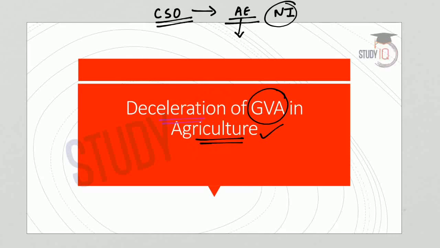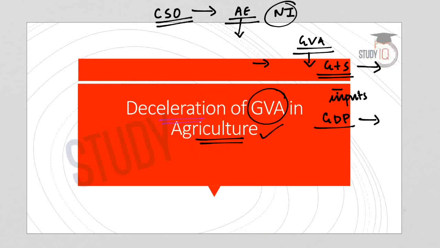But before we move on, let me explain to you what is GVA or gross value added. GVA is the amount, or the dollar value, of goods and services that have been produced in a country minus the cost of inputs and the raw materials that are directly attributable to that production. So what is GDP? GDP is gross domestic product.